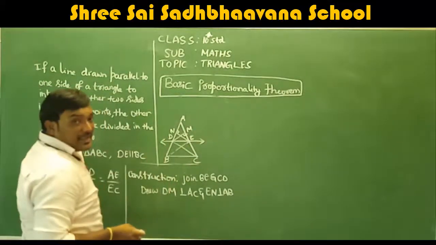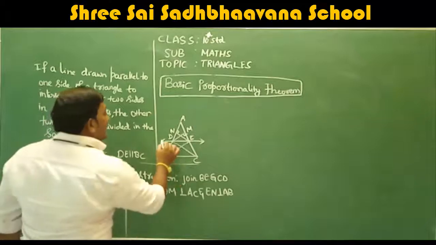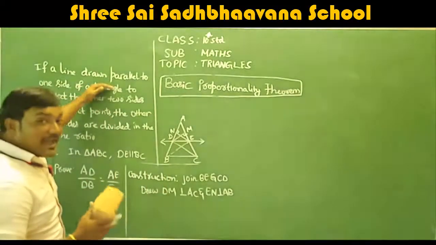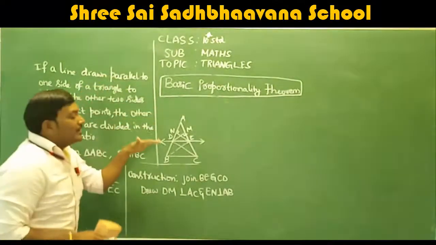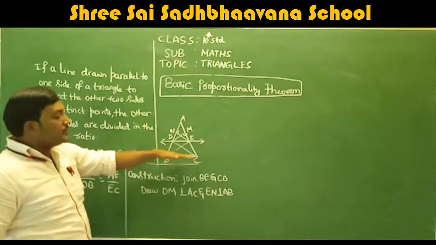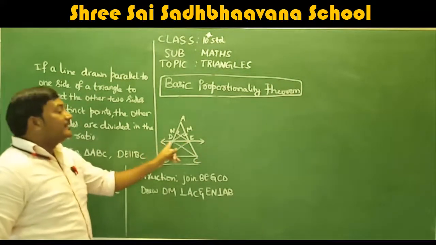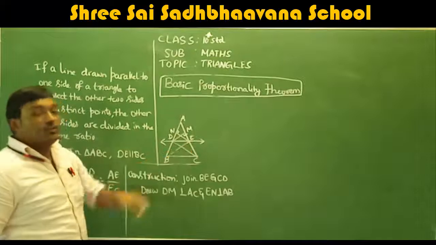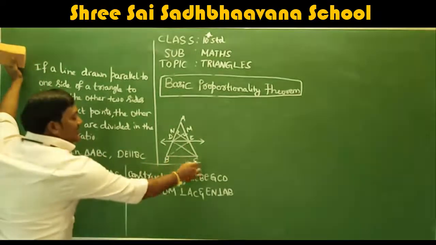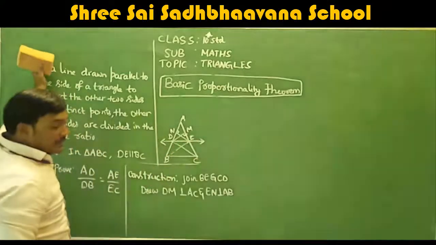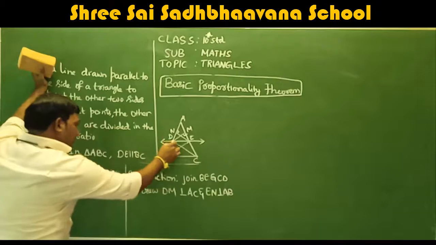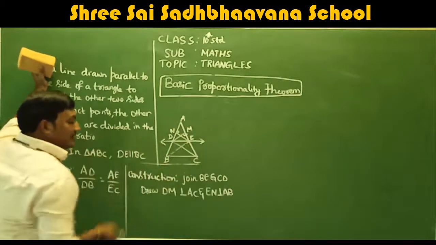I am drawing one line parallel to one side, the side BC. If I draw it, it intersects the other two sides at two distinct points, distinct in the sense different. The line intersects AB at the point D and AC at the point E.